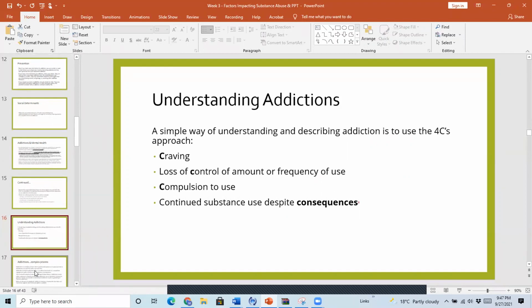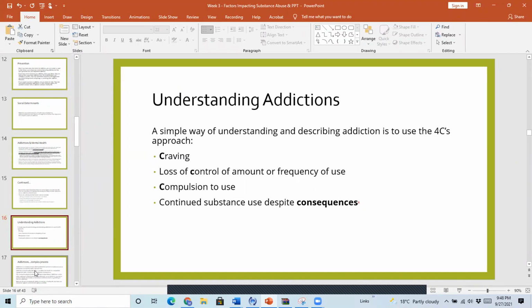Now, understanding addictions, there are a couple of things I want to talk about. There's an abbreviation, a simple way of remembering, understanding and describing addiction, called the 4C approach. Addictions are based on cravings, loss of control of amount or frequency of use, compulsion to use, and continued substance use despite consequences.